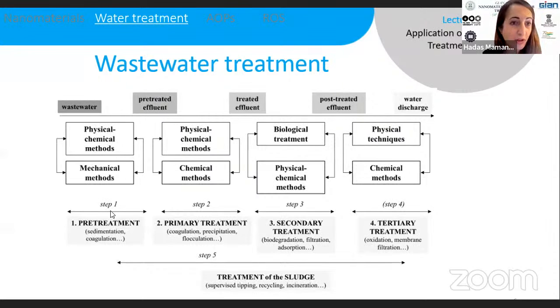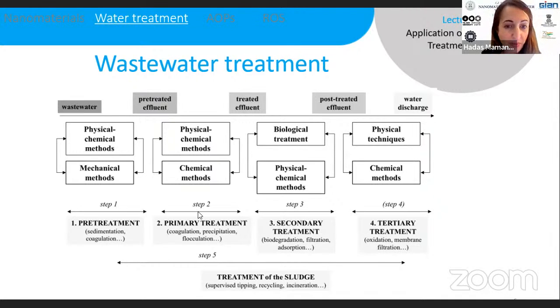Now, the first step is pre-treatment, and the pre-treatment basically includes coagulation, sedimentation, and very basic processes that are used to remove part of the total suspended solids and some of the BOD.